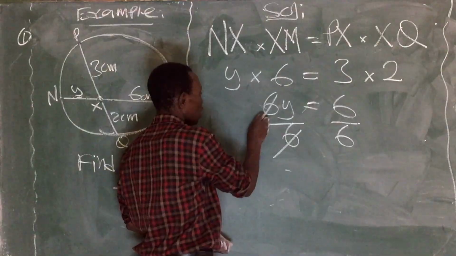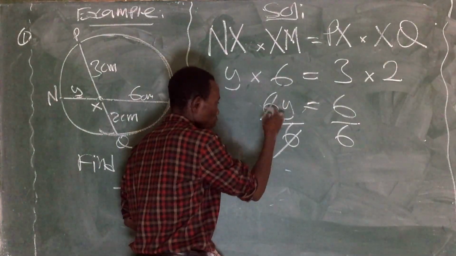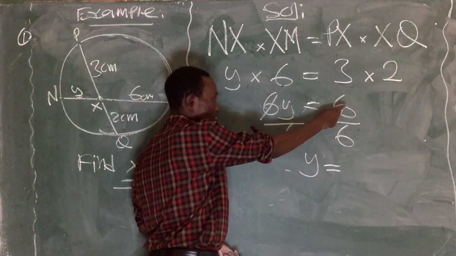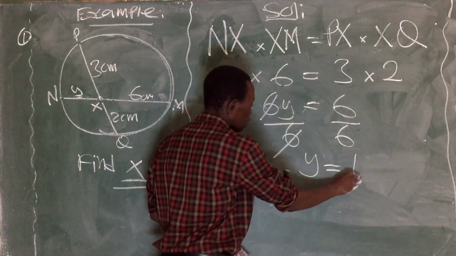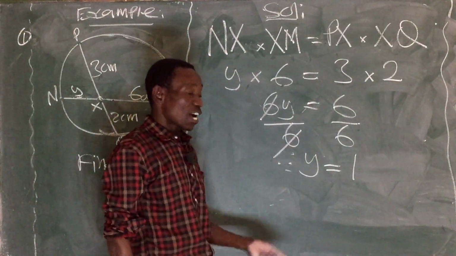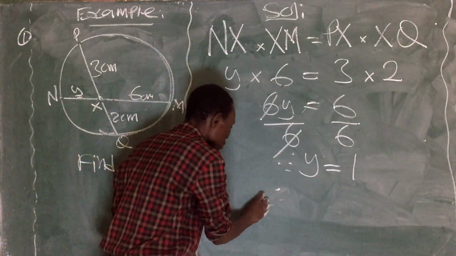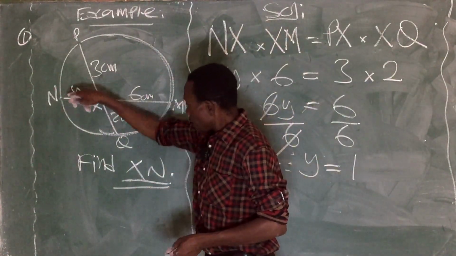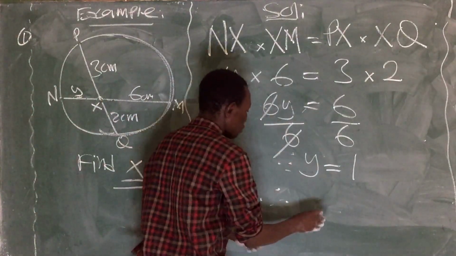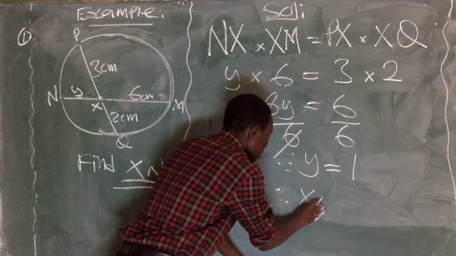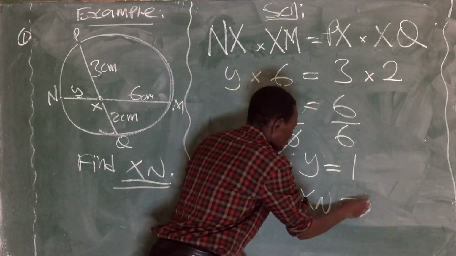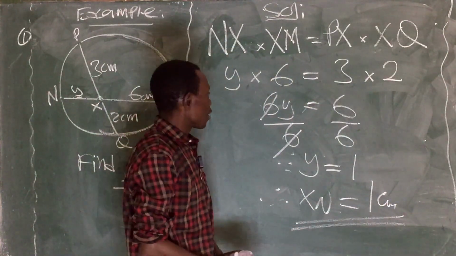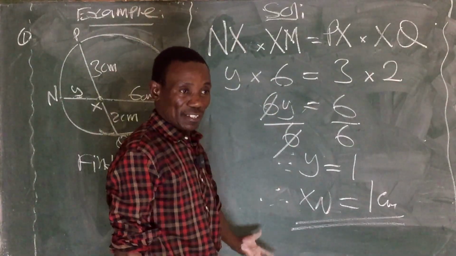So 6 into 6 is 1, 1 times Y is Y, and 6 into 6 is 1. So Y is equal to 1. Therefore, since Y is representing XN, we deduce that XN is equal to 1 centimeter. Full stop. So you can appreciate, simple as it is.